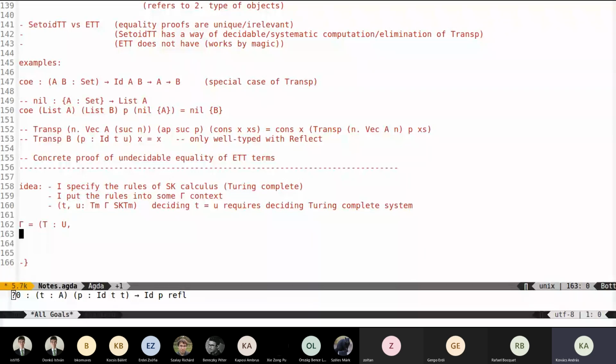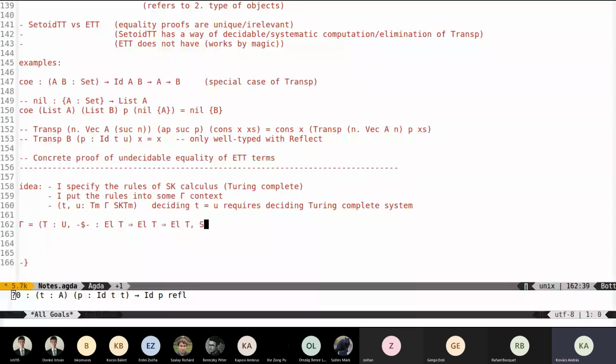So there is a T in U, and there is an application of T. Let's write it in infix, like this dollar T. And this is the internal function type, and I could also write out all of the ELs.